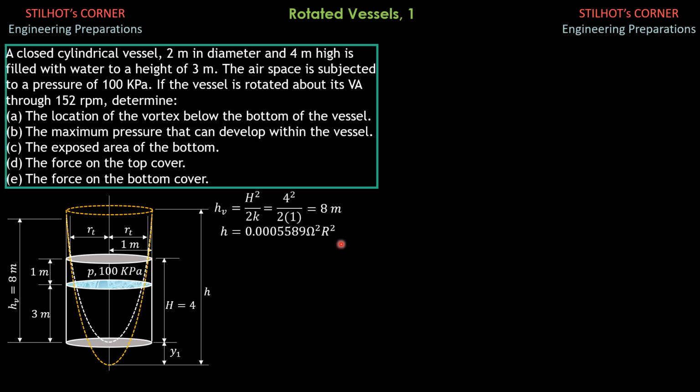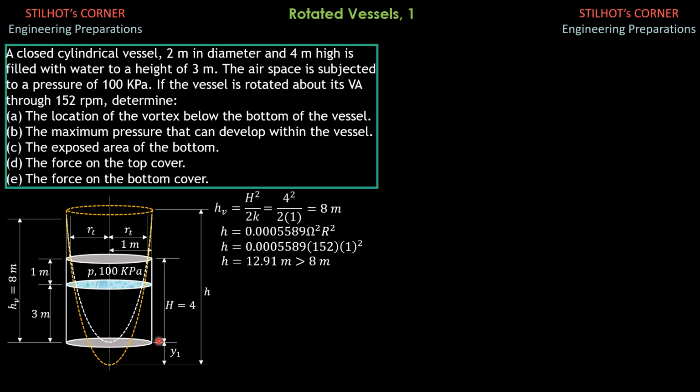Substituting r, the radius of the vessel, as 1 meter and omega as 150 revolutions per minute, H is 0.0005589 times 150 squared times 1 squared, so H is 12.91 meters, which is greater than 8 meters. That's why the actual curved surface is this orange surface.